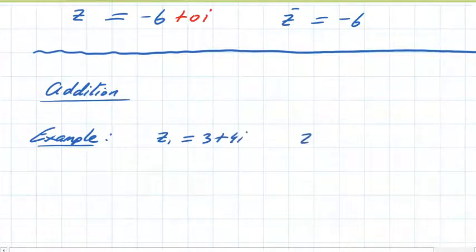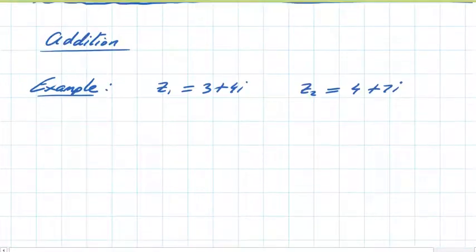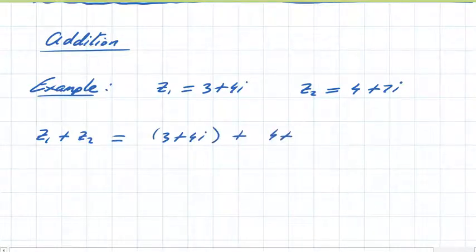And if you had z2 is equal to 4 plus 7i, or something like that, well, then what is z1 plus z2? z1 plus z2 is equal to, all you do is 3 plus 4i, and you're going to add 4 plus 7i. And just add like terms.